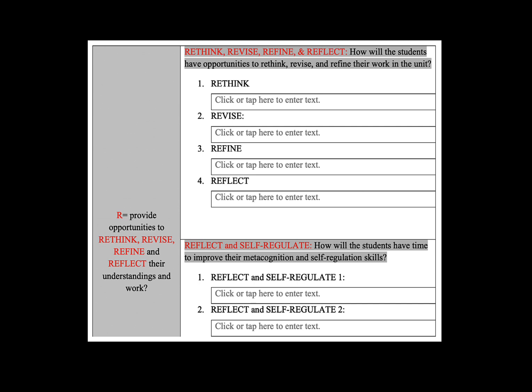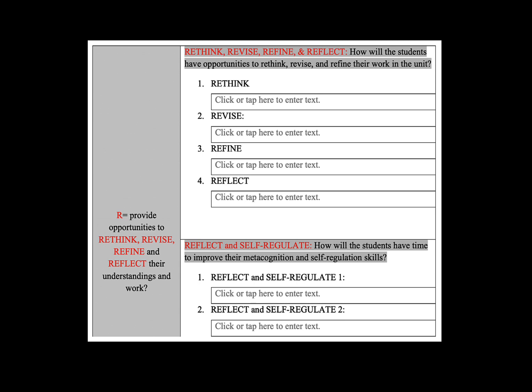On to the R in the WHERETO acronym. In this section, it is determined how learners will rethink, revise, refine, reflect, and self-regulate on their understanding and work associated with the big idea of the unit. What opportunities will they have to shift their perspective, self-assess, or think about what they have learned?